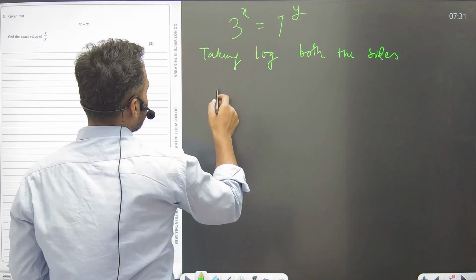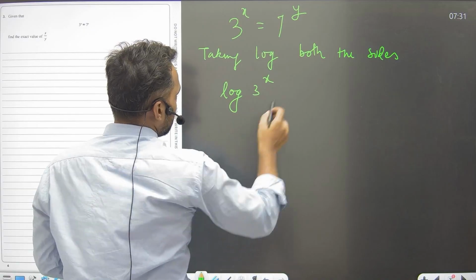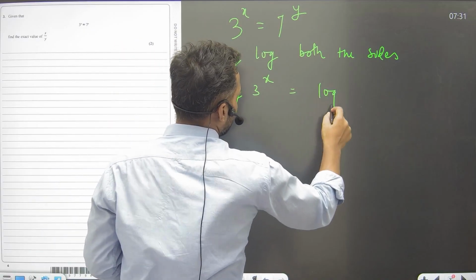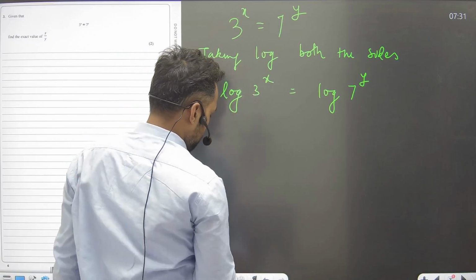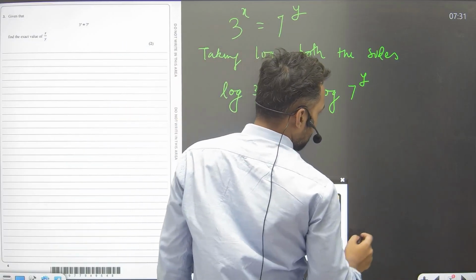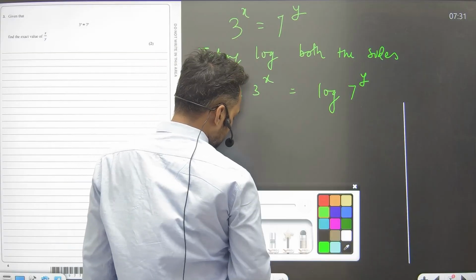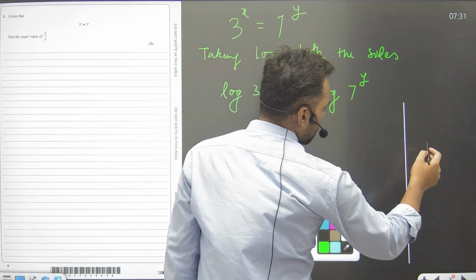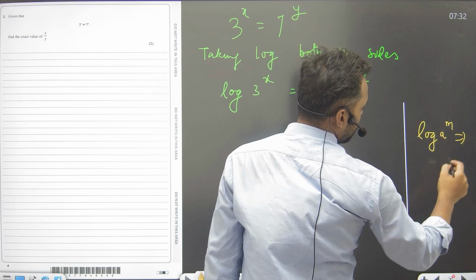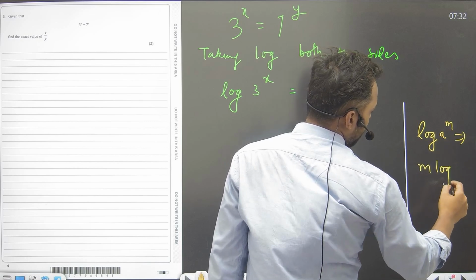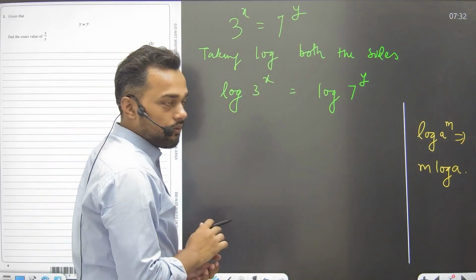What you will get? Log of 3 raised to the power x is equal to log of 7 raised to the power y. Which rule will I be applying here, student? I will be writing that rule also. Log of a raised to the power m will be equal to m log of a. This is the rule of logarithmic function.